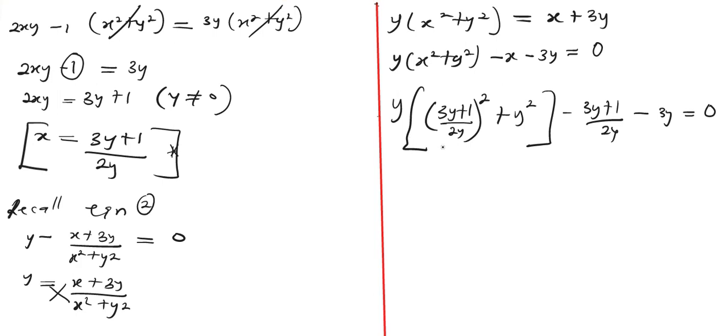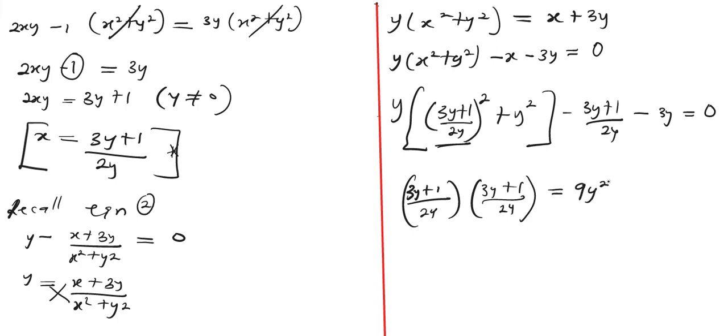All right, so let's expand this. We have (3y plus 1) divided by 2y times (3y plus 1) divided by 2y. Okay, if we expand this, we are going to have 3y times 3y, we have 9y squared plus 6y plus 1 divided by 4y squared. Okay, so this alone gives us this, right?